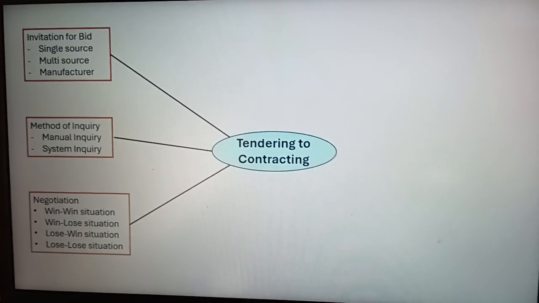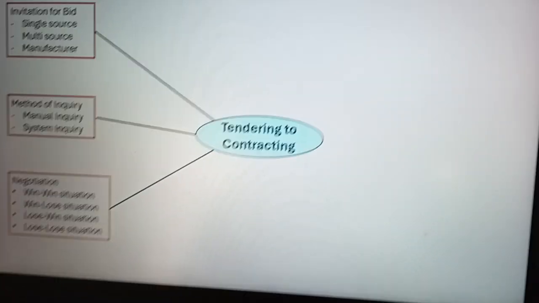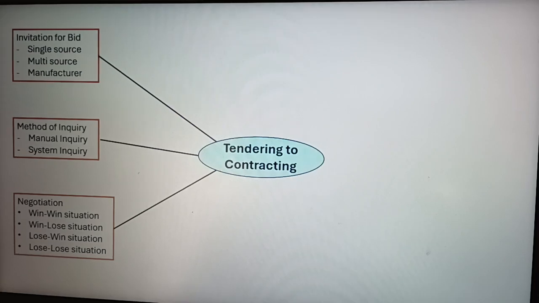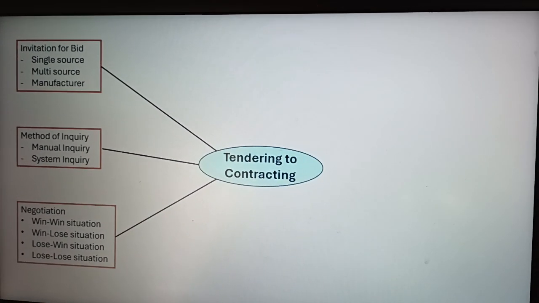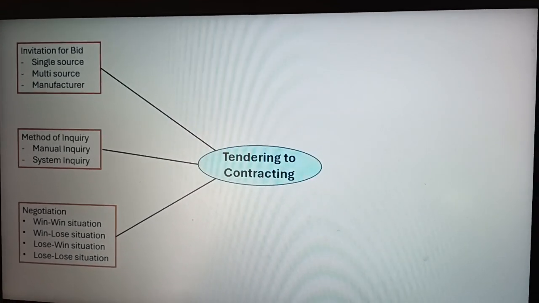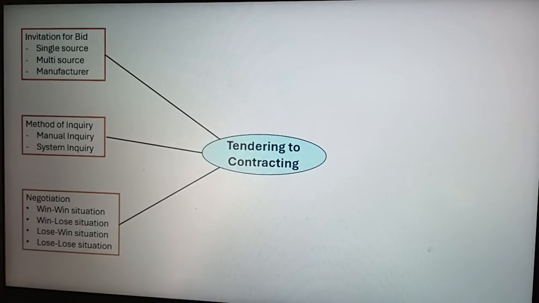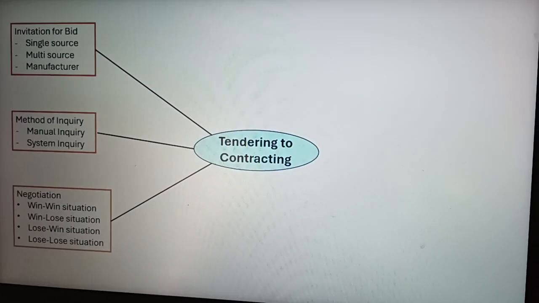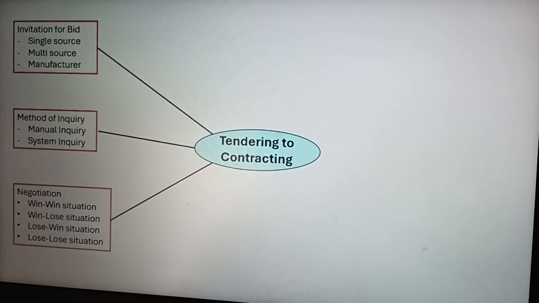In the win-win situation, the buyer is satisfied to get the material at an accurate price, and the contractor or supplier is also satisfied to provide the product at an appropriate cost, because no one should lose.